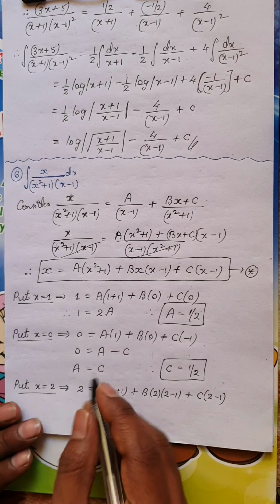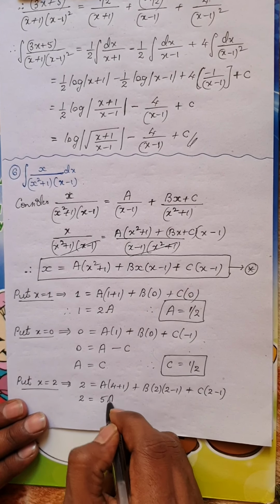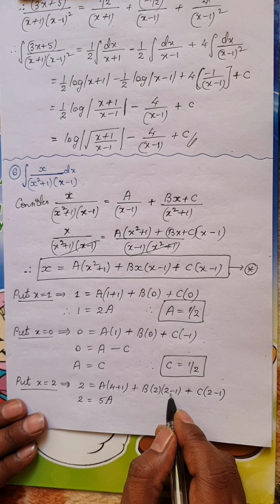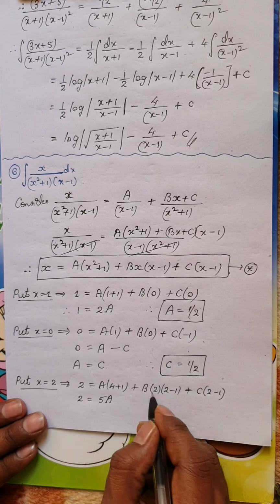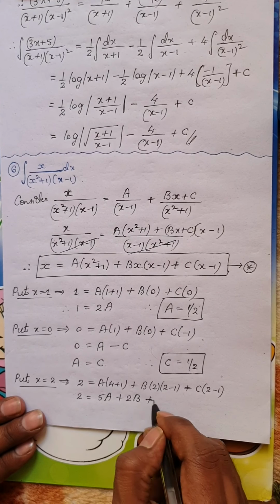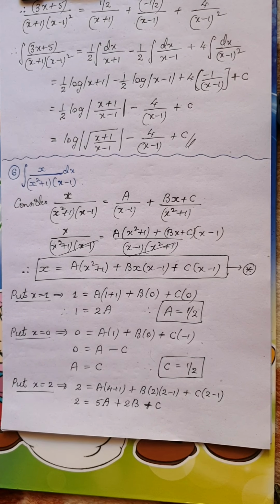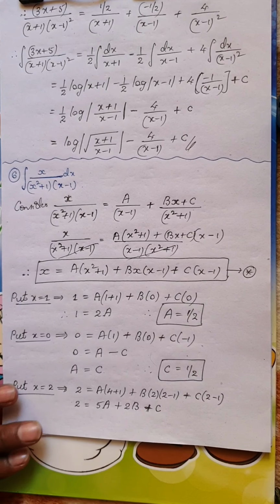What is 2 minus 1? It is 1. So, plus 2b, plus c. Substitute the values of a and c, and I will get the value of b.